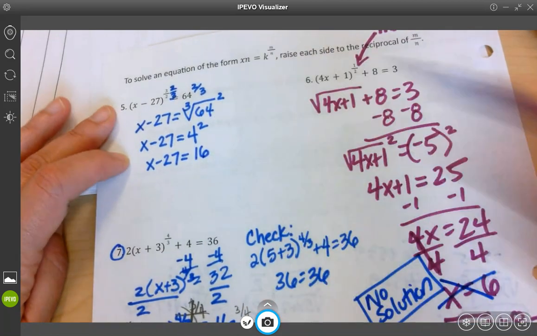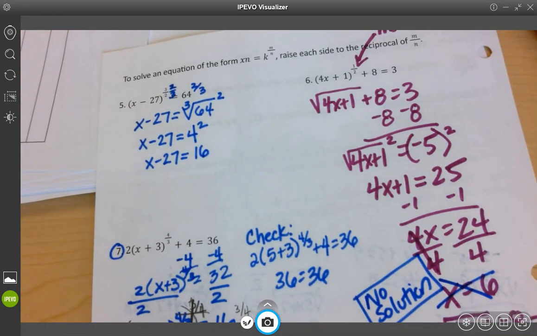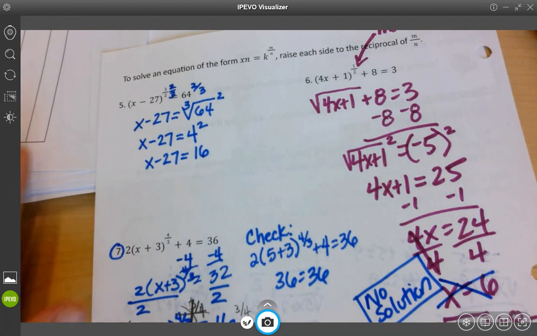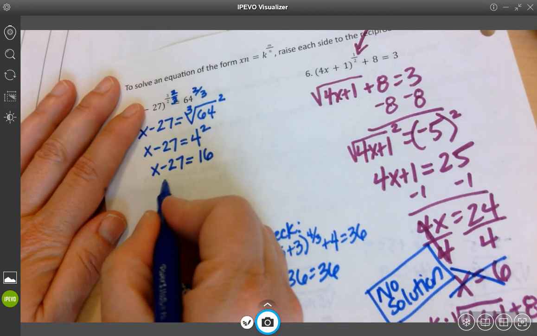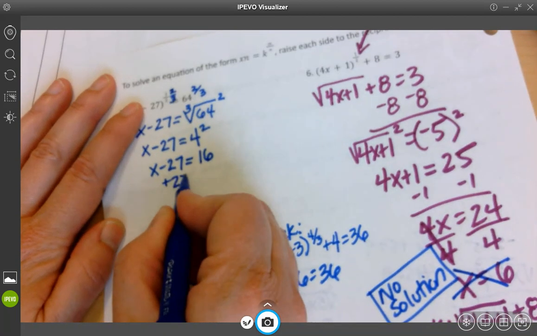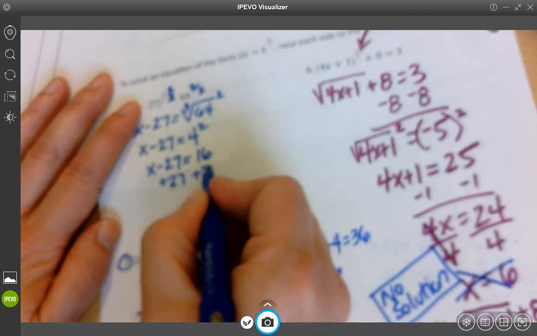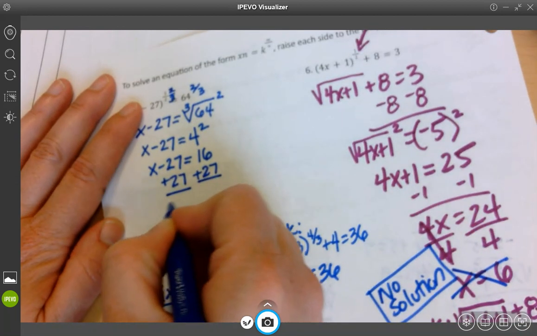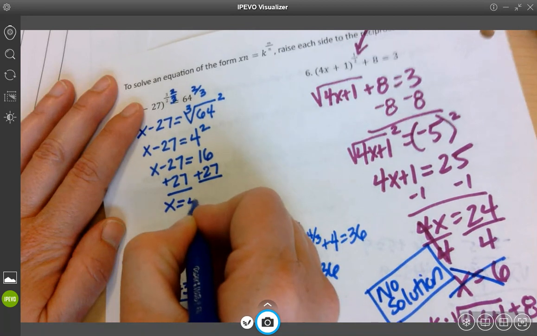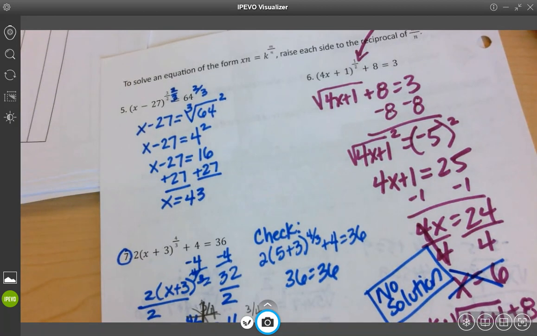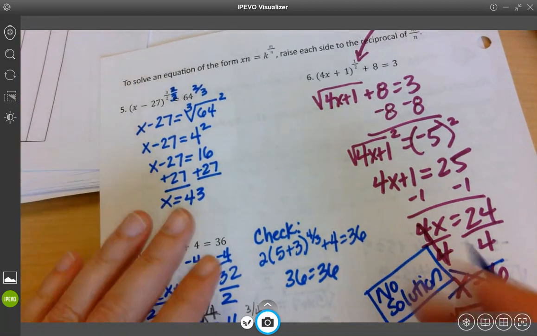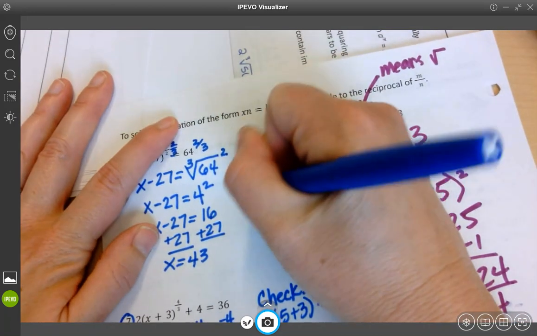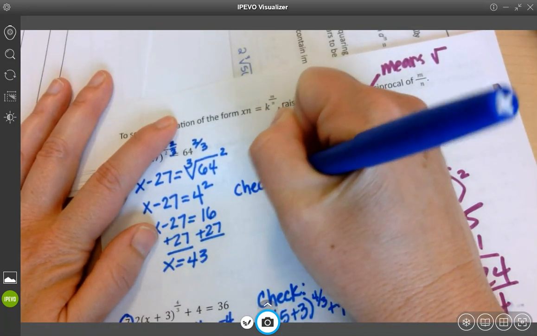One thing I loved is I heard some of you defending your answers and you said, I checked it. So checking it is a very good way of defending your answer. All right, am I going to end up with 43? Okay, good. So when you check it, I don't mind if you check it in Desmos.